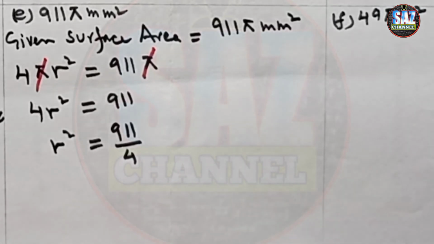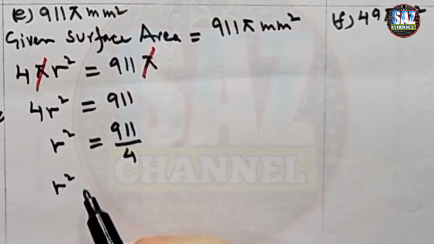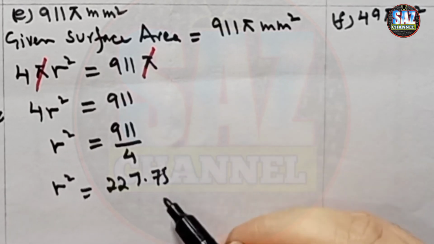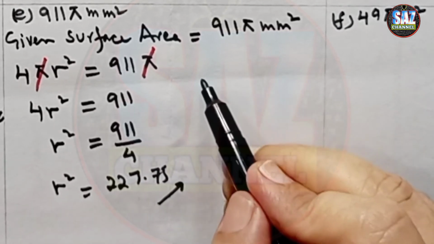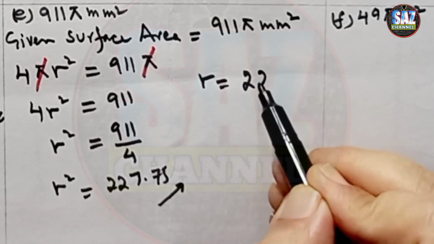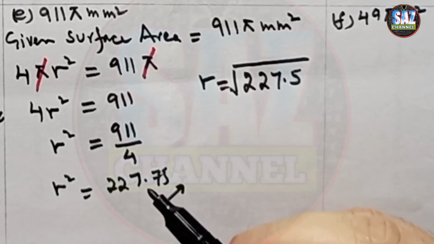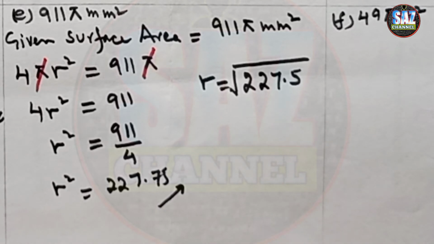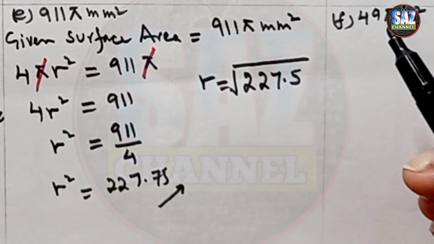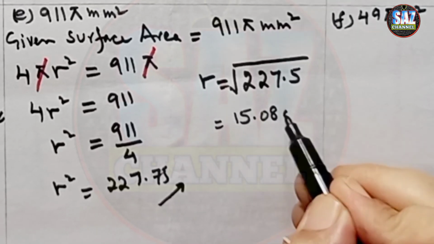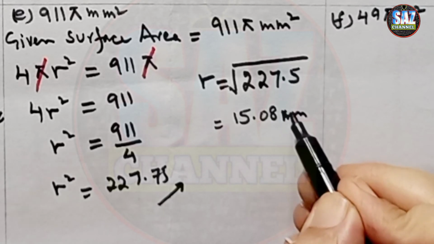Okay, now divide 911 by 4, and this gives me r square equals 227.75. Now I have to take the square root of this number, and when I take the square root of 227.75, this gives me 15.08. r equals 15.08, and the unit is in millimeters.